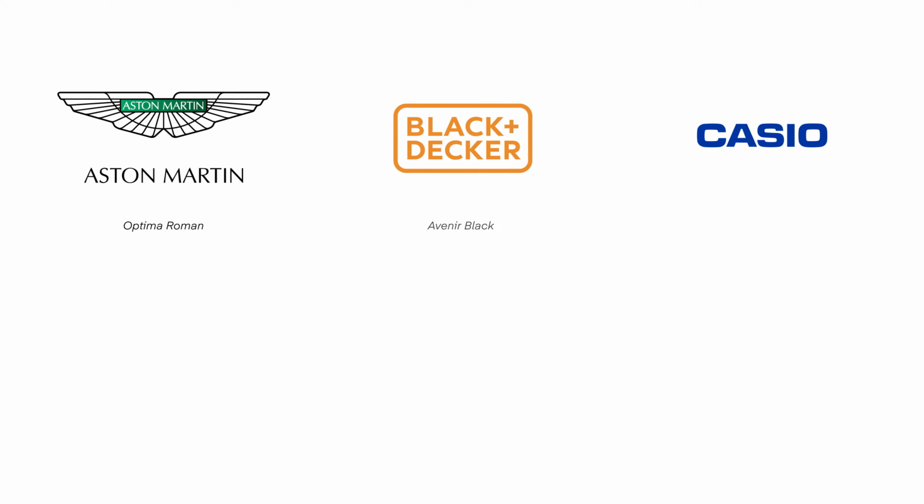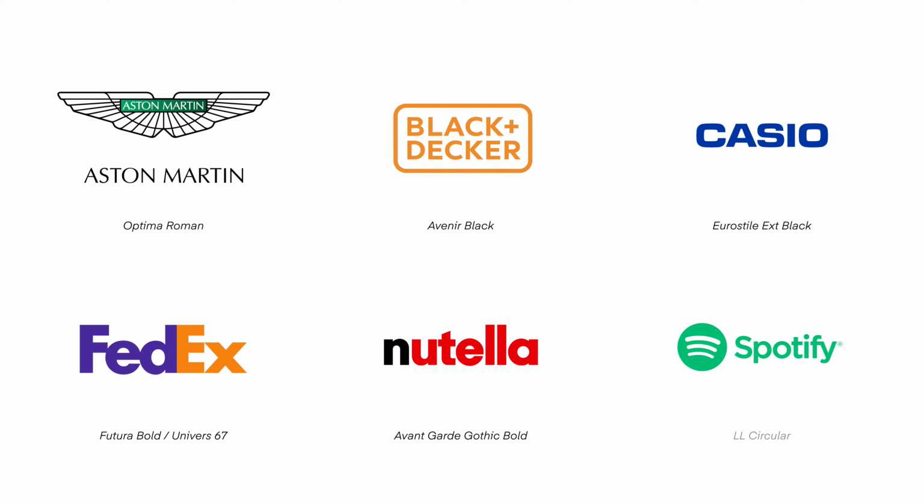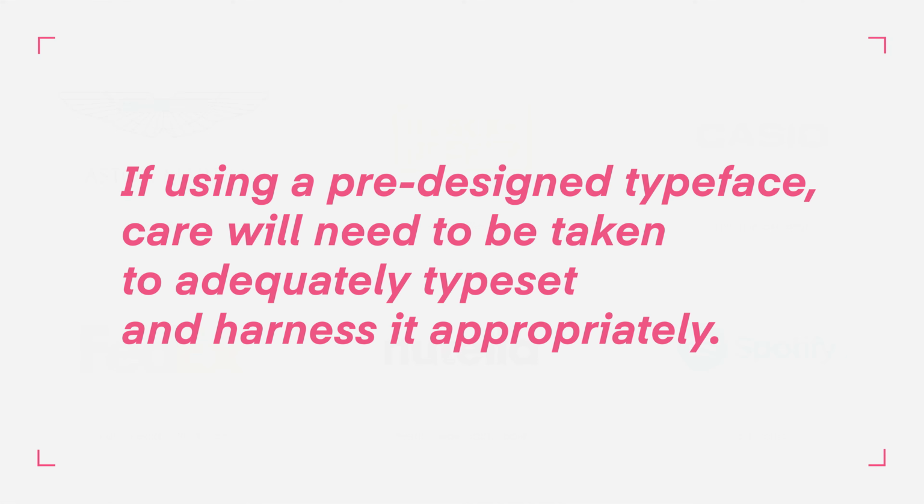When developing your logo, it may be possible to find a pre-designed typeface that is perfectly appropriate for your design. It is very common for logos to use pre-designed typefaces to accompany logo mark elements or even create a wordmark logo alone. If using pre-designed typefaces, care will need to be taken to adequately typeset and harness it appropriately.